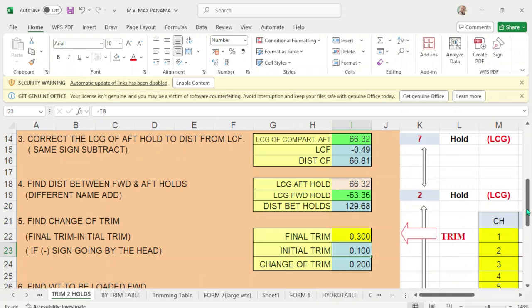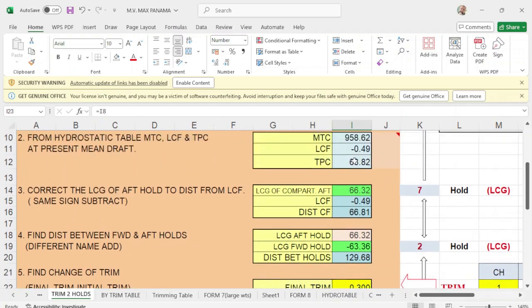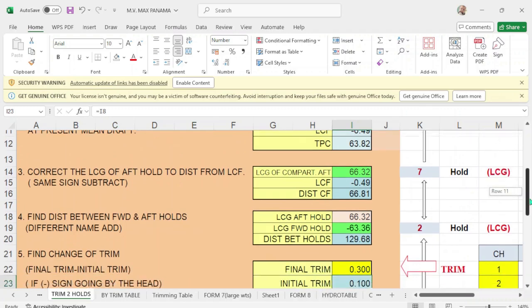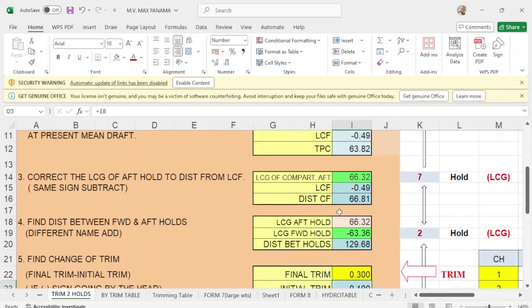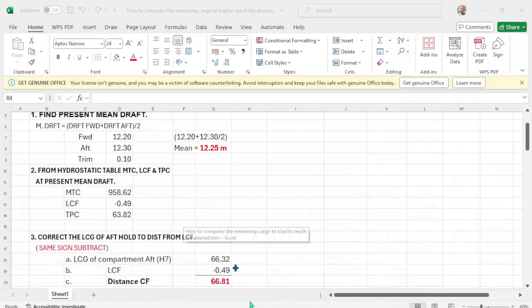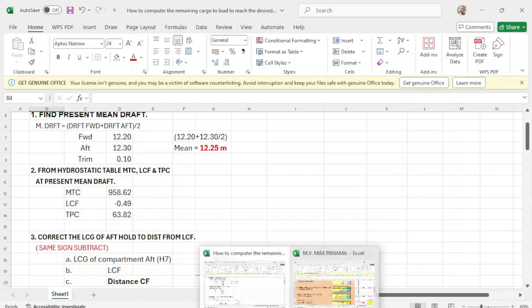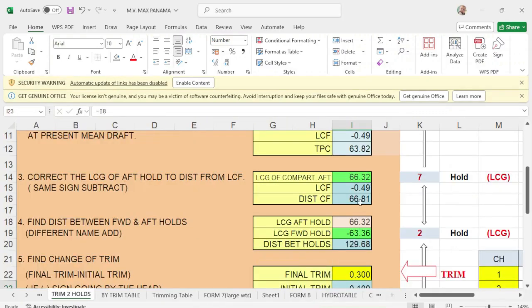What is your LCF? LCF is negative 0.49. You add these to get the distance. So your LCG of hold number 7 is 66.32, the LCF is negative 49. You add, then your distance from the center of rotation is 66.81.